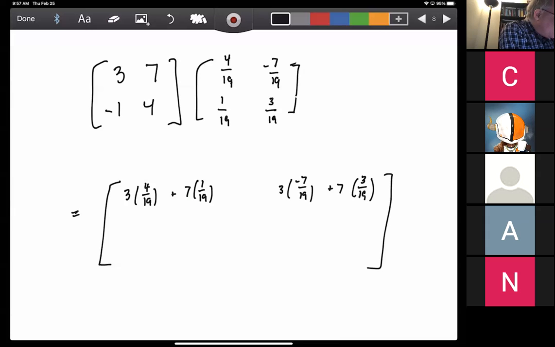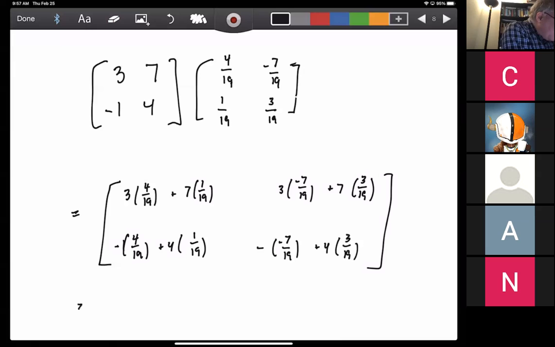The 2, 1 entry: -1 times 4/19 plus 4 times 1/19. And the 2, 2 entry: minus 7/19 plus 4 times 3/19.